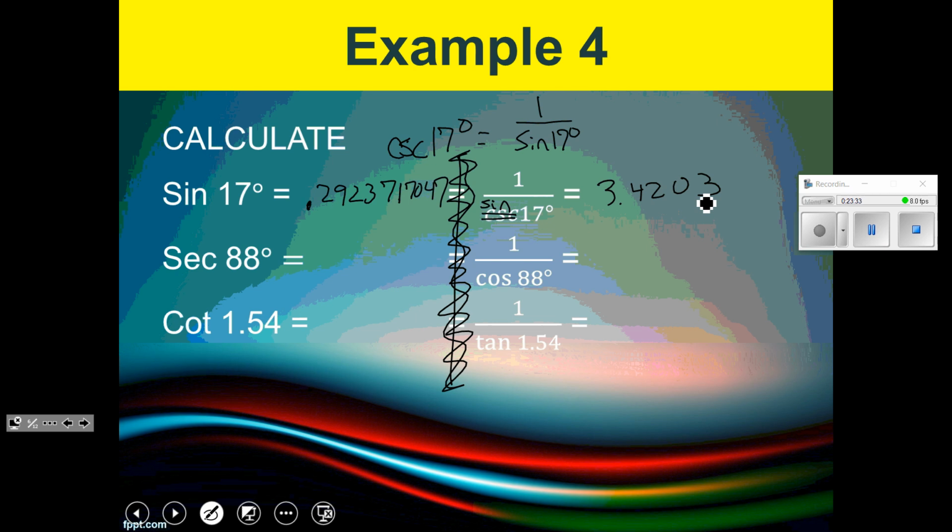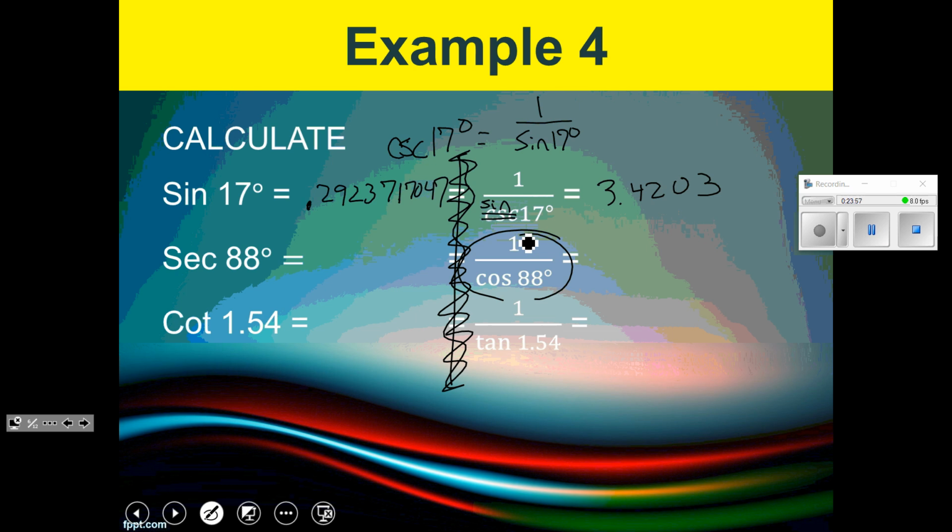So if I want to know the secant of 88 degrees, we can't put in secant. But what is the reciprocal to secant? Cosine, that's where this comes from. So I could put in 1 over the cosine of 88, and that would give me the secant of 88 degrees.